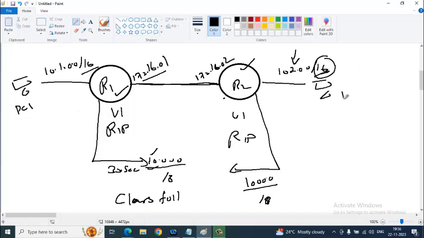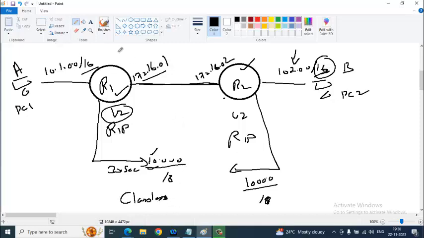When you change to version 2, which is classless, they don't advertise just 10.0.0.0. They also advertise the mask.